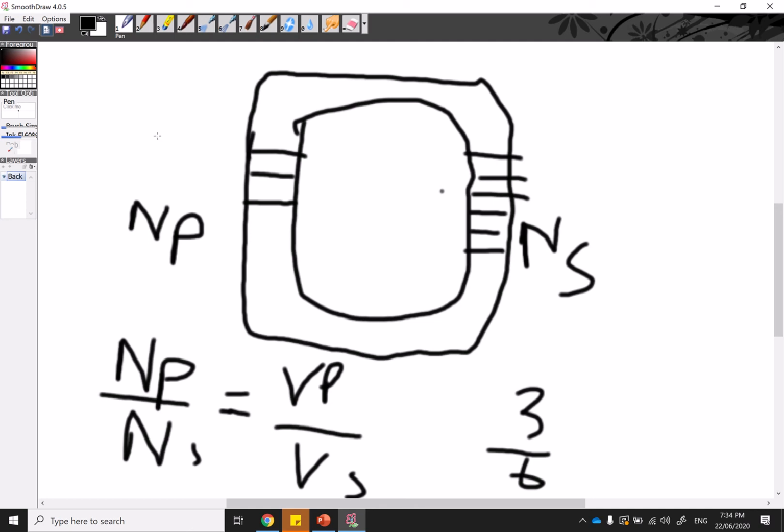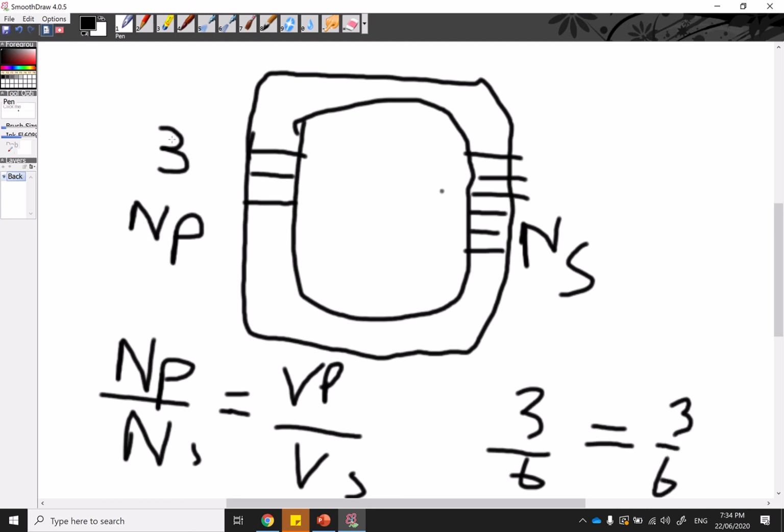Now if there is, say, 3 volts going through the primary coil, we know that in the secondary coil the ratio is going to be the same. So in the secondary coil it is going to be 6.